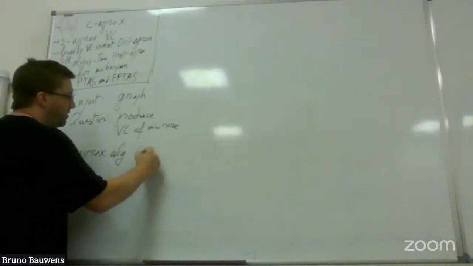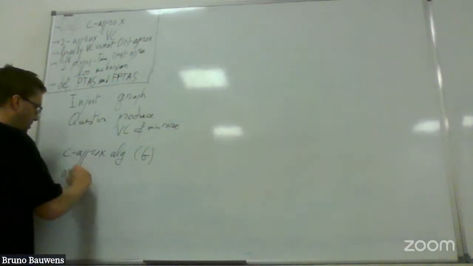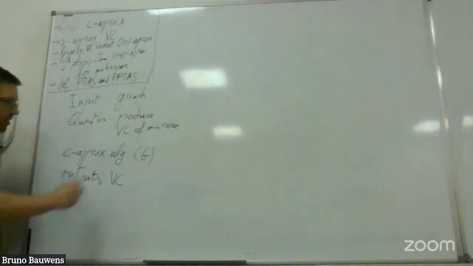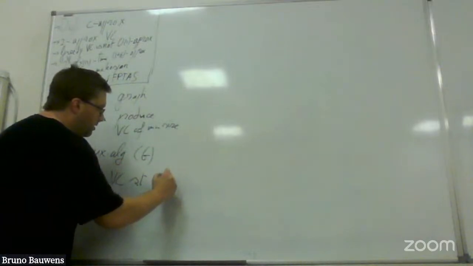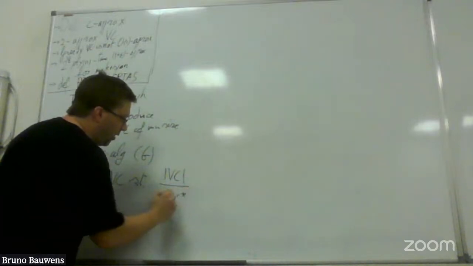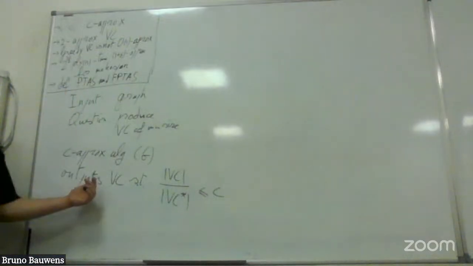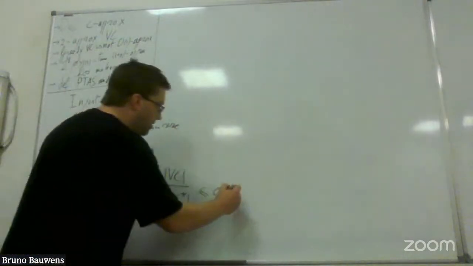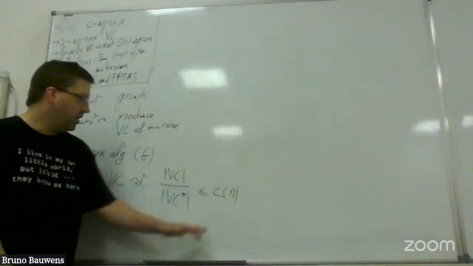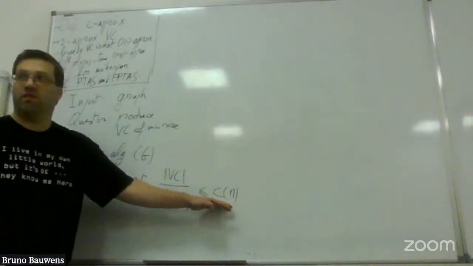It receives a graph and outputs a vertex cover such that the size of the vertex cover divided by the size of the optimal vertex cover is smaller than C. And we can have a parameter. If the graph has n nodes and the input size is n, for example, then we require that our size is at most C of n.